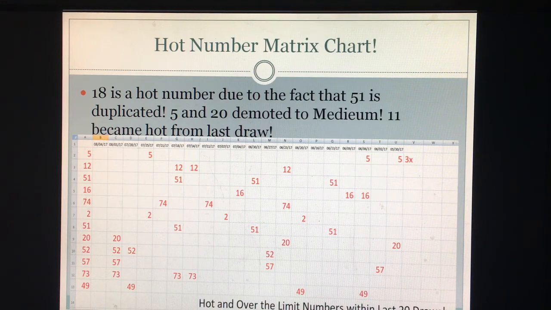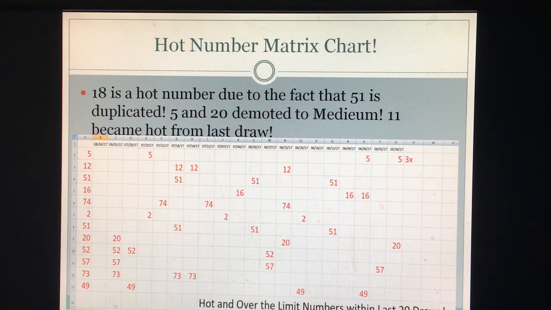And here's your hot number chart. The 5 and the 20 are demoted. Remember, it's safe to pick now. The 5 and 20 is no longer a hot number for tonight's draw. It's a medium number.